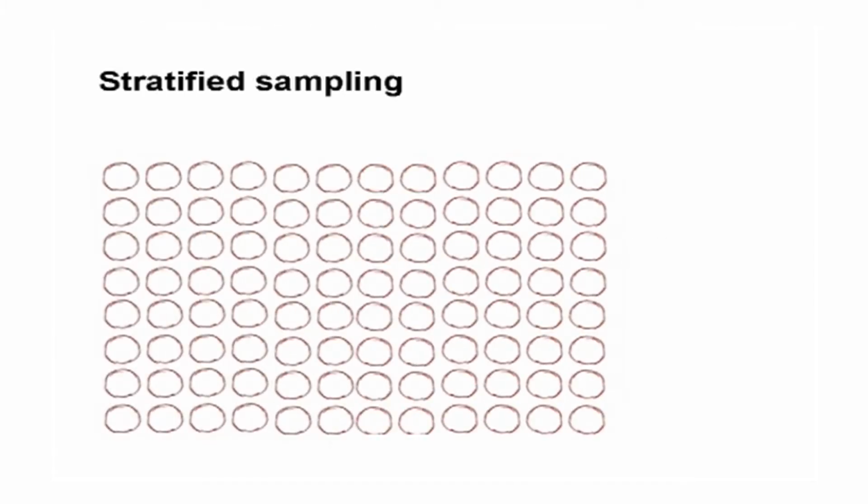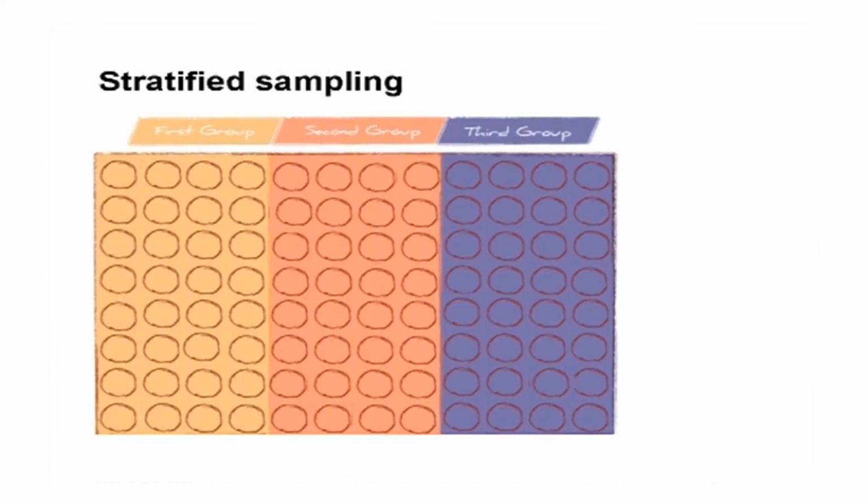The second one is stratified sampling. In stratified sampling, the researcher first divides the population into subpopulations on the basis of some features. After dividing the population into strata, the researcher chooses his samples from each stratum randomly.